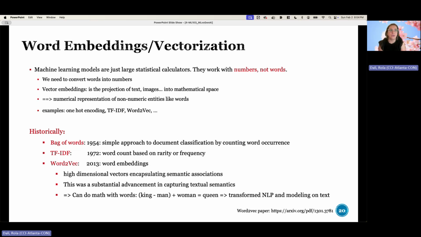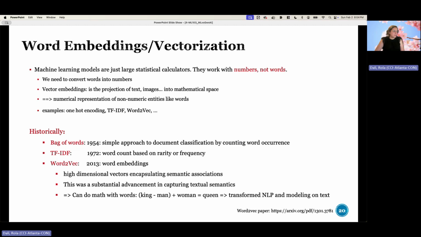And then in 2013, Google released Word2Vec, which was really, really cool, and I think is underlying a lot of the advancement in NLP that we see today. What this is, is high dimensional vectors encapsulating semantic associations. And again, I think this is one of the pivotal moments, a pivotal advancement in NLP. What they did is they took this embedding model, gave it a lot of text data, and trained it.